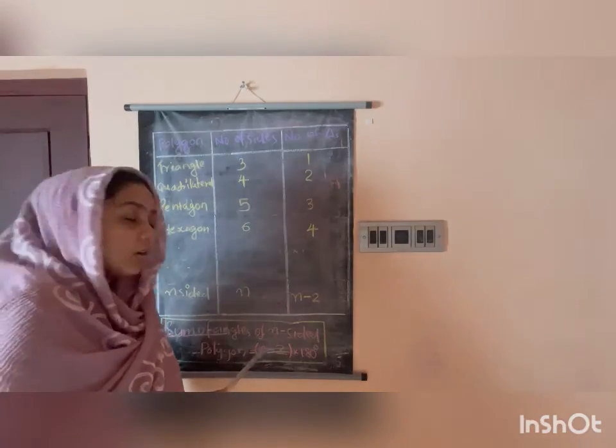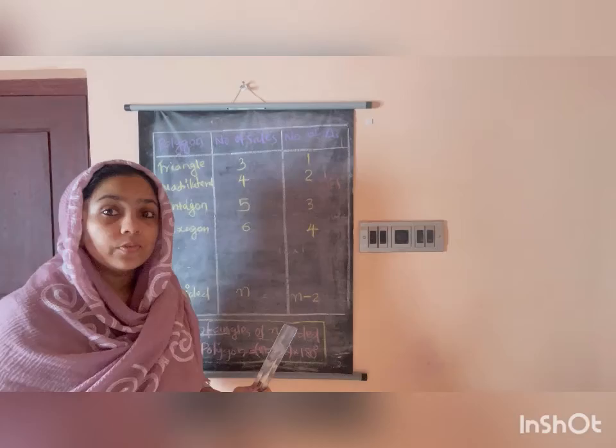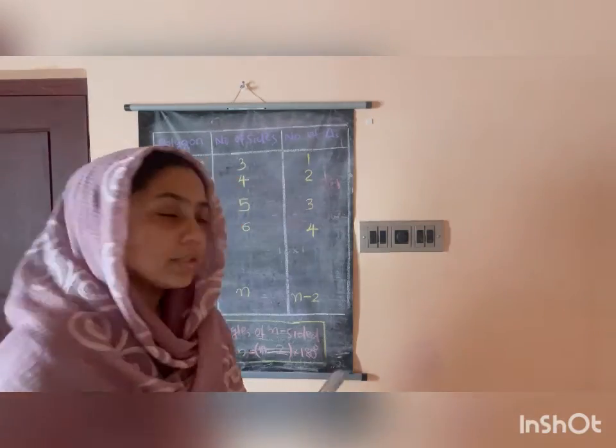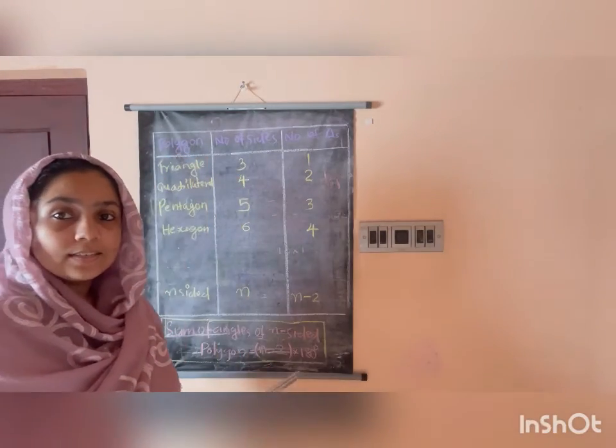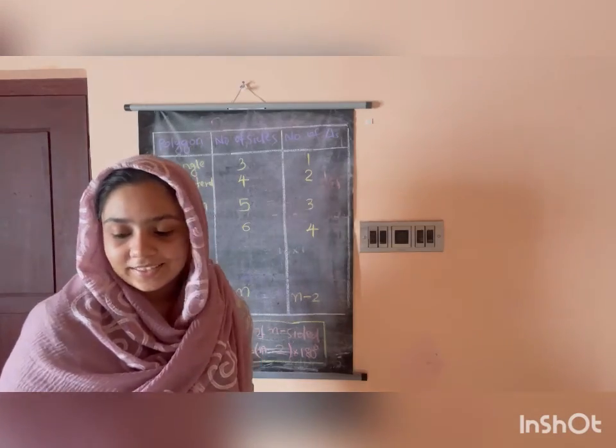And we can solve the questions that have been given for us. And also we can find the sum of angles of a big number of polygons. If the number of sides is a bigger number, using this equation, we can find the sum of angles. All of you clear? Yes.